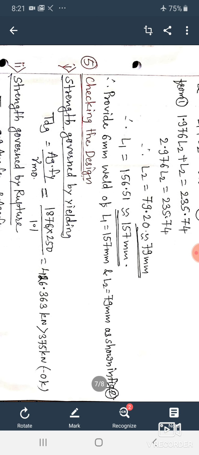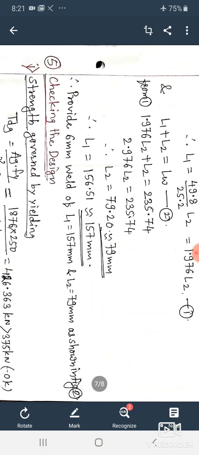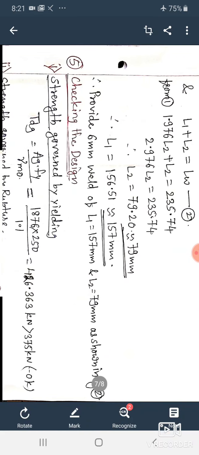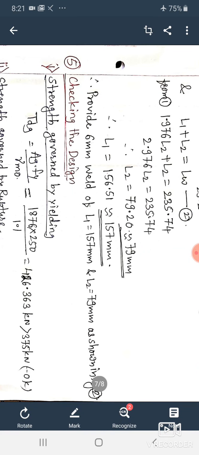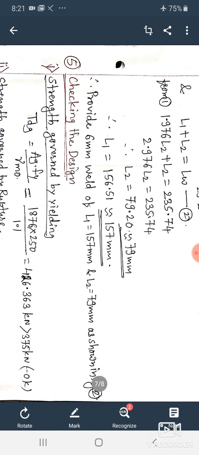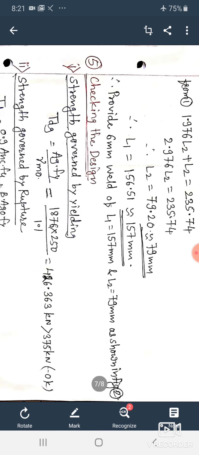So for the double angle section you have to mention, not for the single angle. So 1876 into 250 divided by 1.1, I am getting the answer as 426.363 kilonewton, which is greater than 375 kilonewton. Therefore design is safe against yielding.